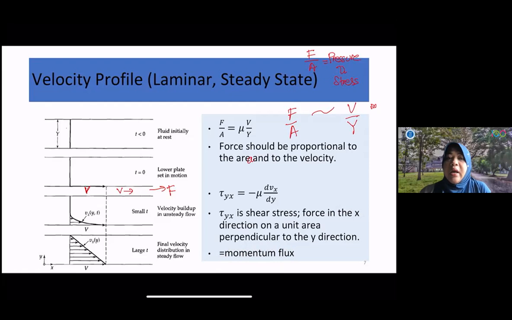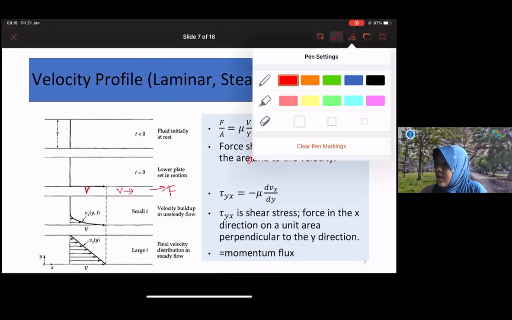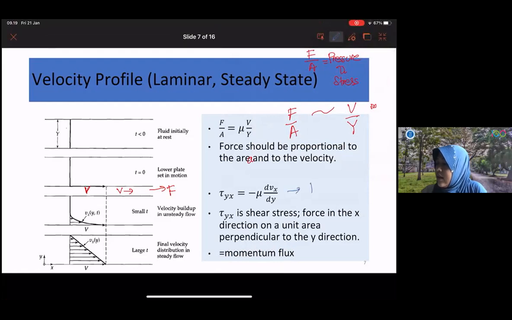Okay, and this is actually written as Newton's Law of Viscosity. Okay, and the quantity that defines the correlation between the shear stress and the derivative of Vx with respect to y is called viscosity.